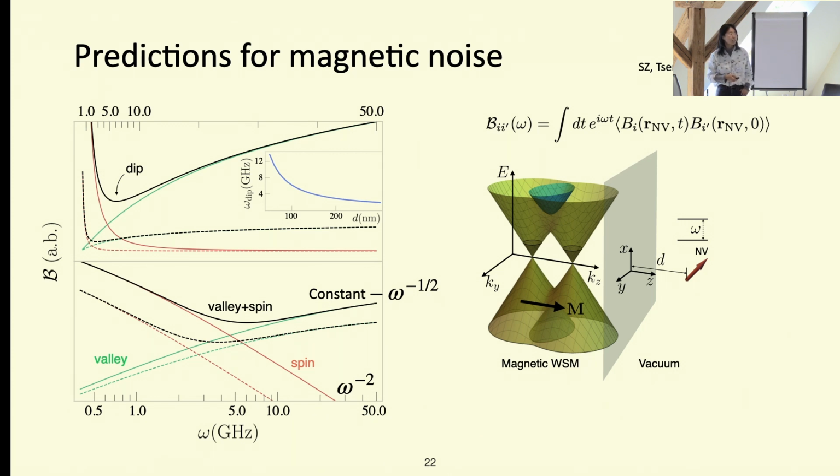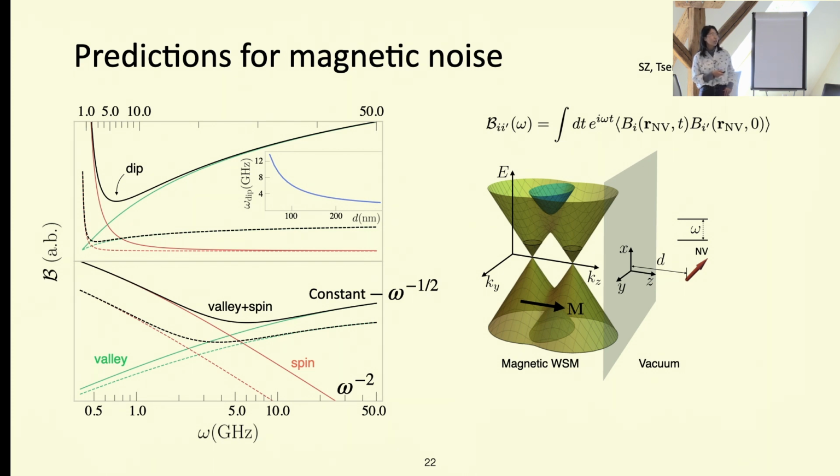So we imagine an experiment done in this way: you just place the sensor some distance away from the magnetic semimetal, and make sure the valley and spin are in the diffusive regime by controlling this distance. And then you can scan the frequency and get some spectral characters.